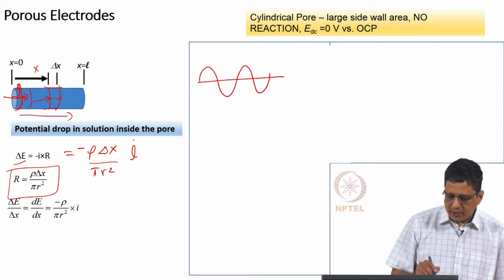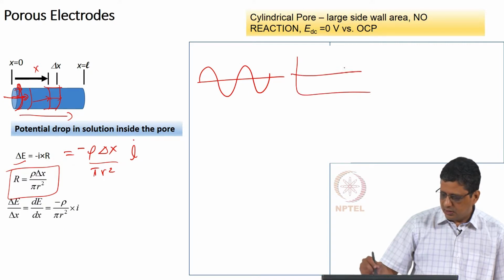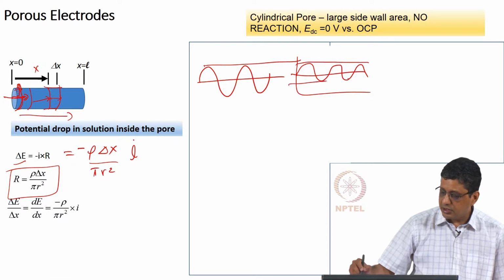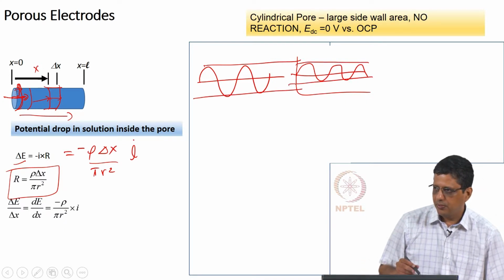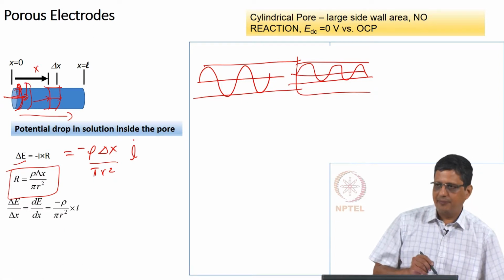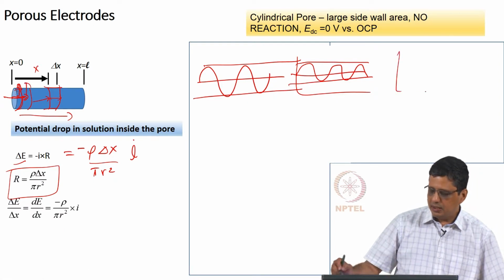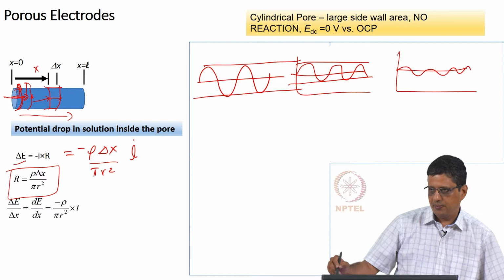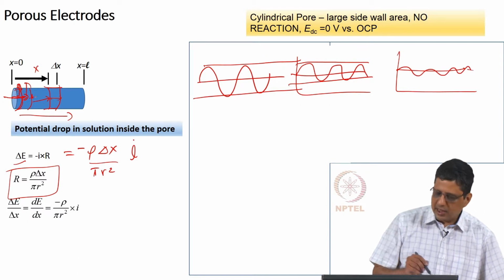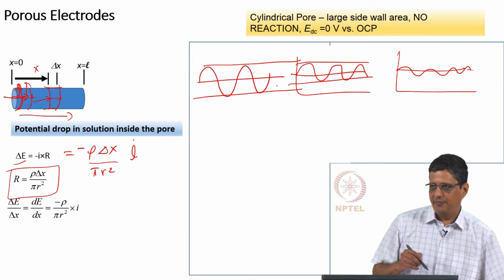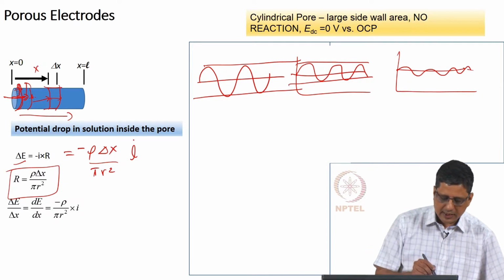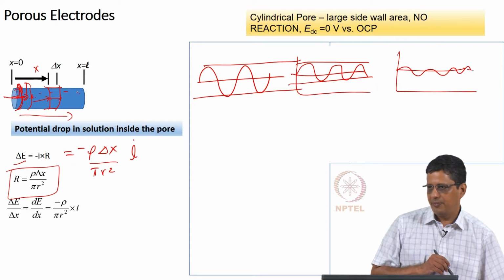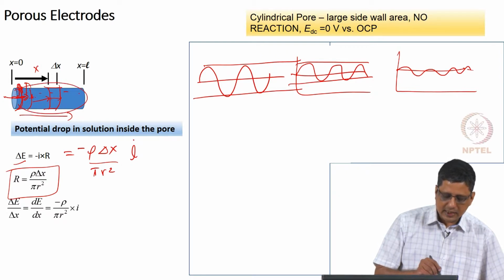The remaining current is going to see a relatively smaller amplitude, and that will take up some current here. Then the potential oscillation here is going to have an even smaller amplitude, and that will take up a little current. So, the current that is taken up is going to be higher here, and lower as you go along. The sum of all these currents has to come from here.